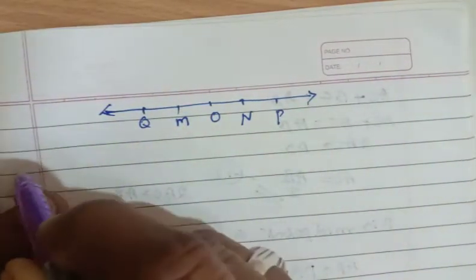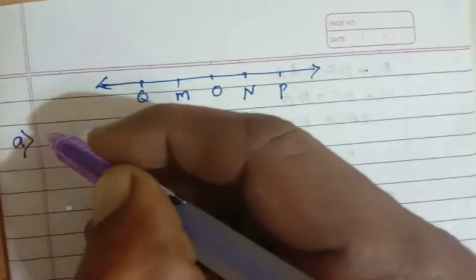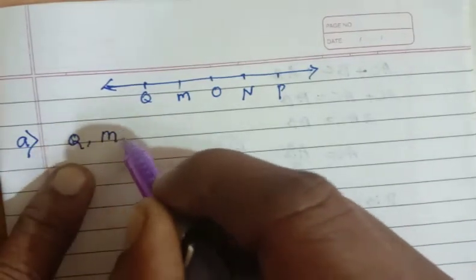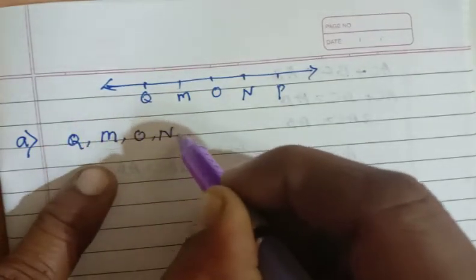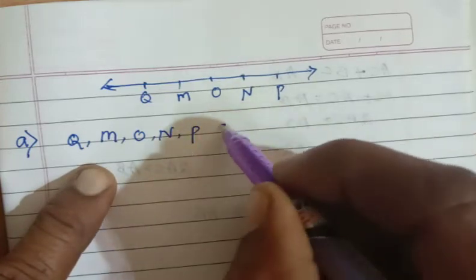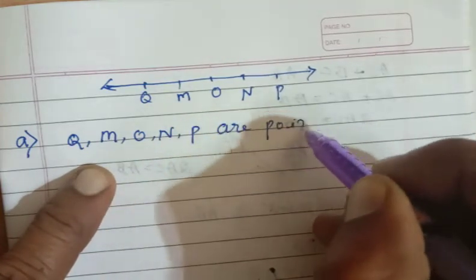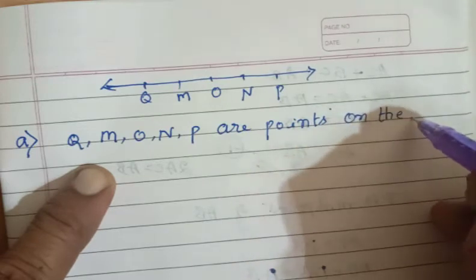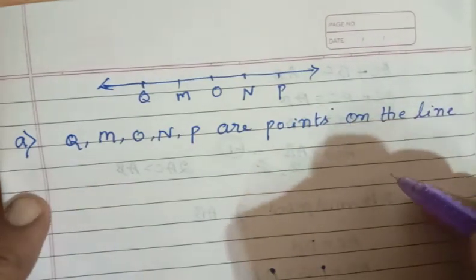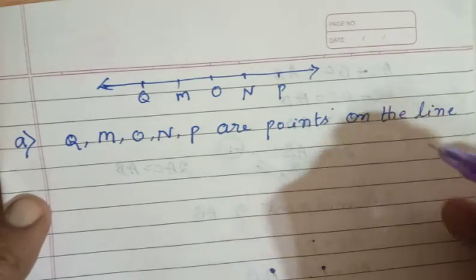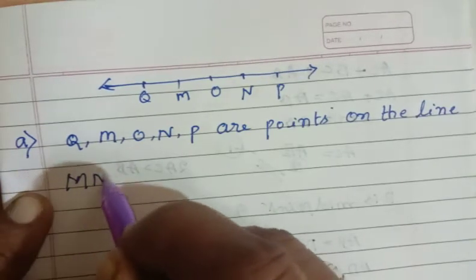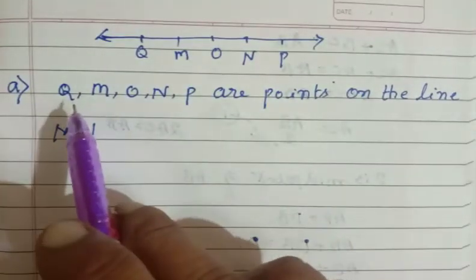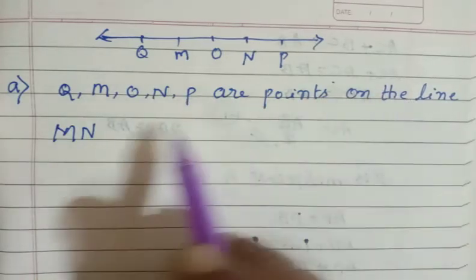So the question is: Q, M, O, N, P are points on the line MN.